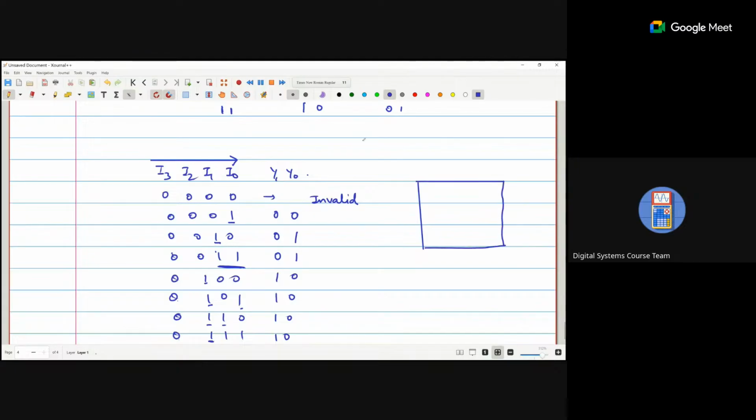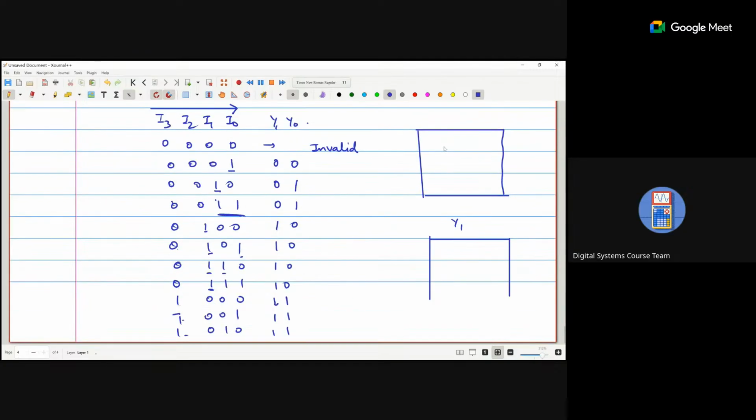There are two particular equations we can create. One is for y naught and second is for y1.